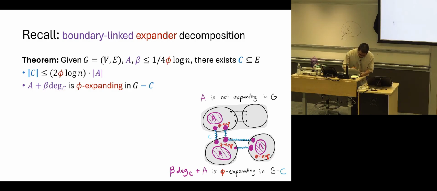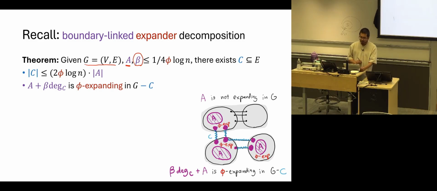Where you have a graph, you have a node weighting, and then you have some kind of boundary linked parameter beta, which shouldn't be too big compared to 1 over phi. It's something like 1 over 4 log phi. 1 over phi times 1 over log, basically. That's how you think about it. Okay. So it's just some parameter.